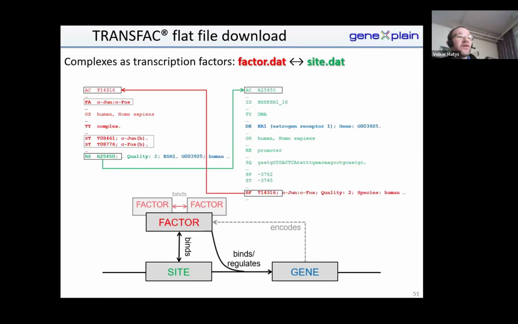However, often it's also the case that this factor complex may form a stable complex, which you can show via co-immunoprecipitation, for example, which is stable in absence of the DNA binding site, and the whole complex interacts with the binding site.